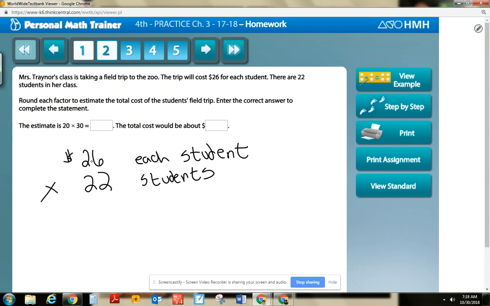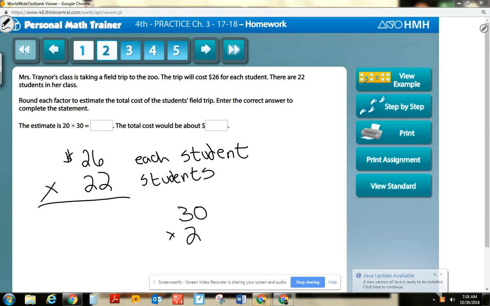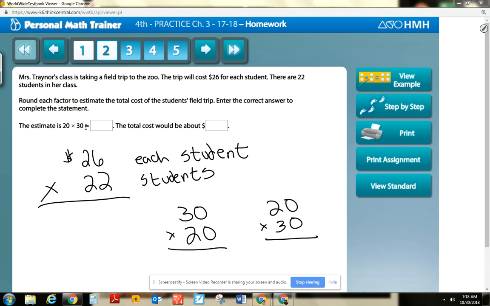All right. So the estimate is 20 times 30. I would have gotten 30 times 20, but we know that's the same as 20 times 30 because of the commutative property, right? So now I need to estimate 20 times 30.